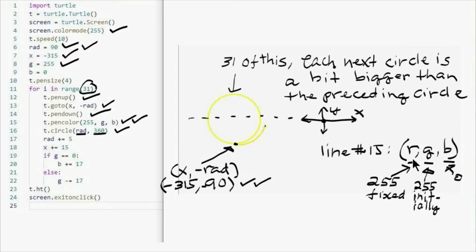So what does this 255, 255, 0 mean? It means a color. So let me write here: if the R is 255 and the G is 255 and the B is 0, this is color yellow. So we are starting with color yellow here. This is yellow.